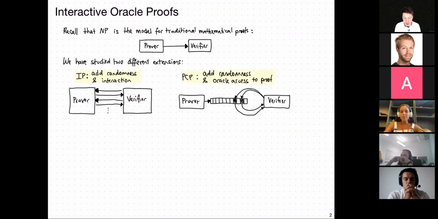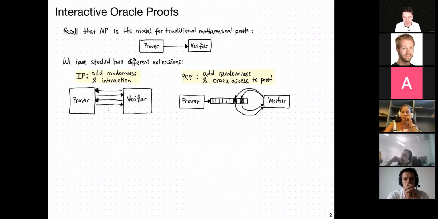And orthogonally to that, you've also seen PCPs, probabilistically checkable proofs, where the new resources are randomness and oracle access to the proof. Okay, so the capability to not have to read the proof in full, but being able to specify a location and read it. Now, in both cases, this interaction or oracle access to the proof are trivially uninteresting without randomness.